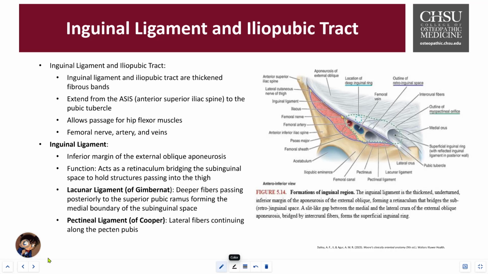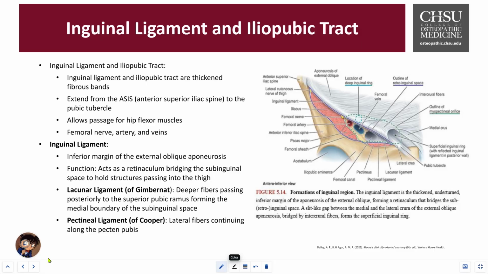There are 2 additional structures that reinforce this area. The first one is the lacunar ligament, also known as the ligament of Gimbernat. It consists of deeper fibers that pass posteriorly to the superior pubic ramus, and it forms the medial boundary of that subinguinal space. The second one is the pectineal ligament, also known as the ligament of Cooper, and it is a lateral continuation of fibers along the pecten pubis.